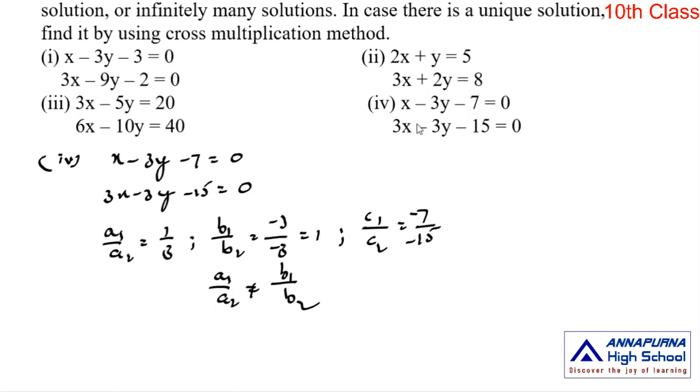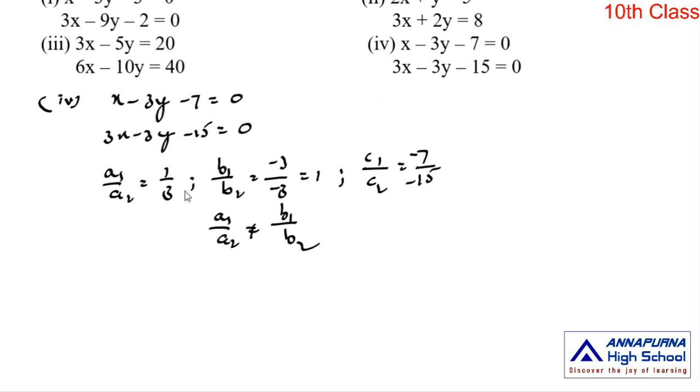So in this cross multiplication method, first we arrange all the coefficients of the two equations in a proper order: x, y, 1. Let us take the first equation. First write the y coefficient minus 3 and constant minus 7. Here the constant is present on the left side.